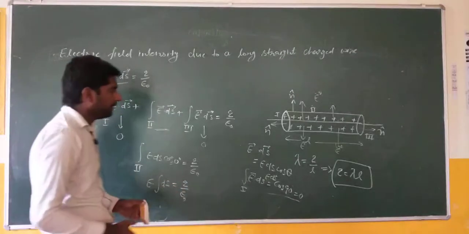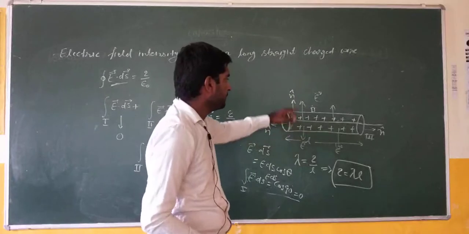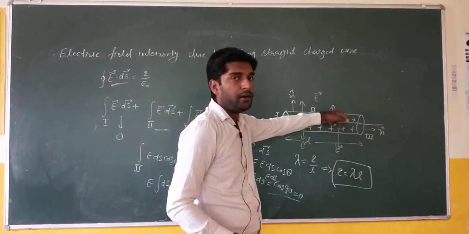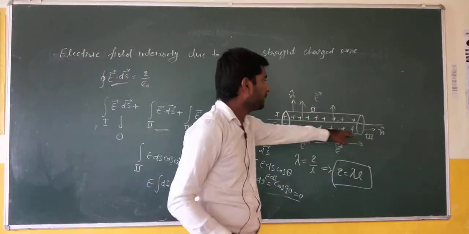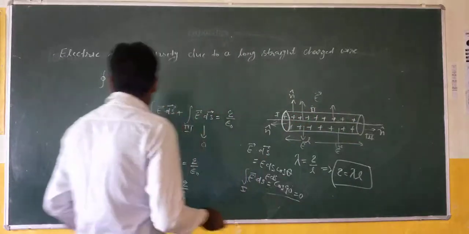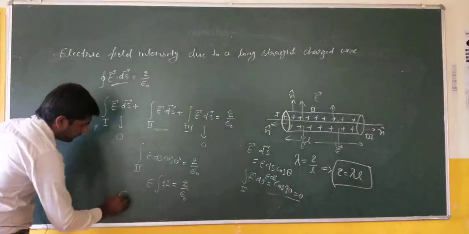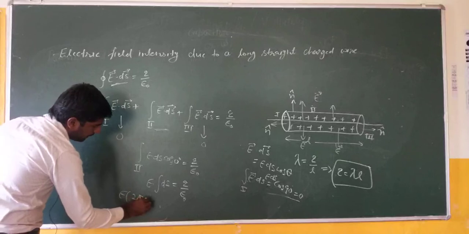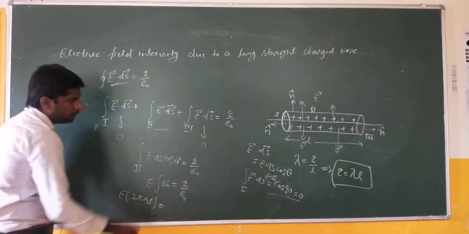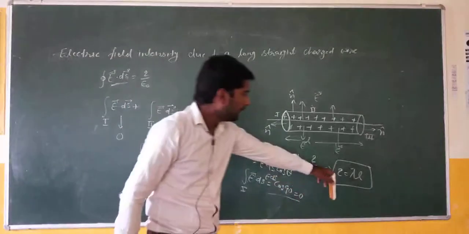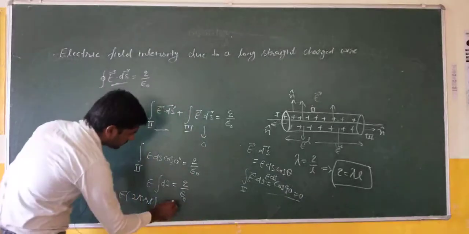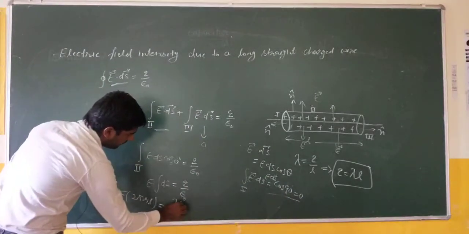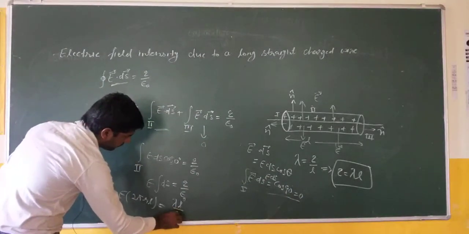The integral of ds means the area of this curved surface, which is equal to 2 pi r l. So E into 2 pi r l, and we know that Q is equal to lambda into l, so it equals lambda into l divided by epsilon naught.